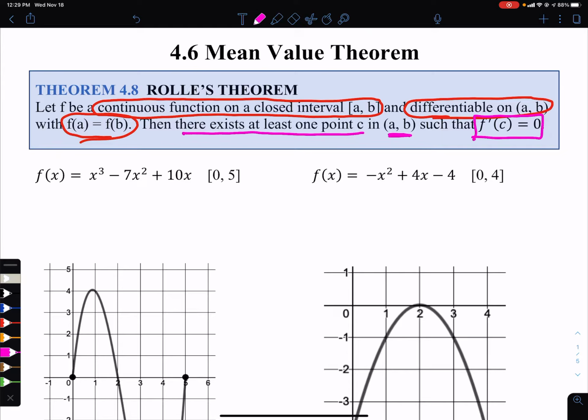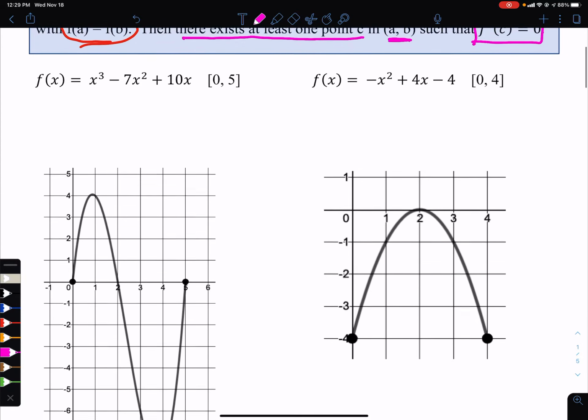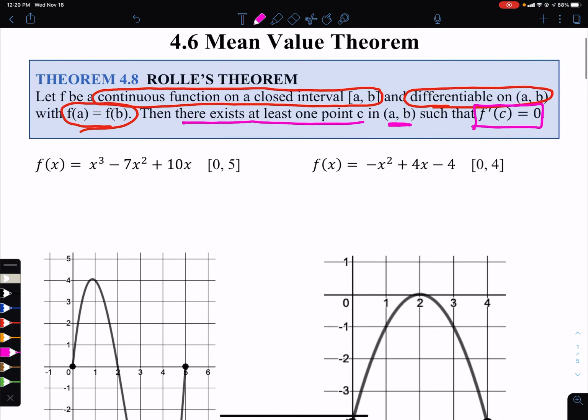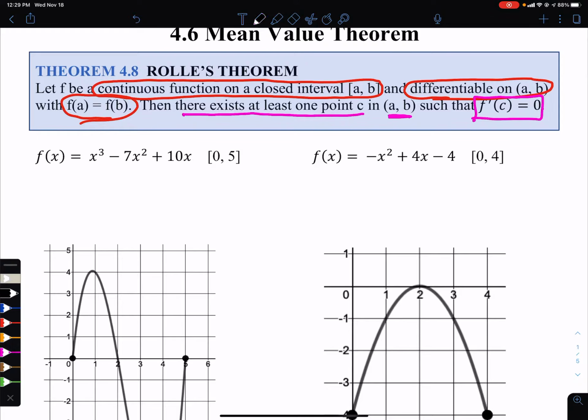So I'm going to look at the example to the right at first. First, is this function continuous? Well, this is a polynomial, and we know polynomials are continuous everywhere, so it meets the first condition. I'll label these 1, 2, 3.